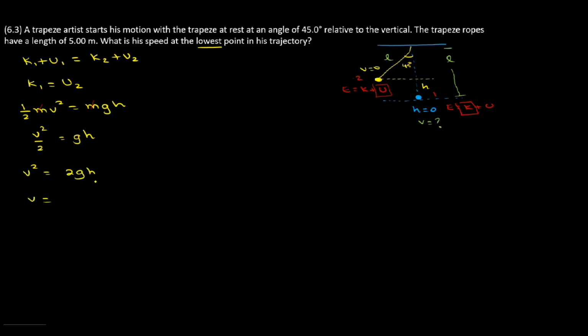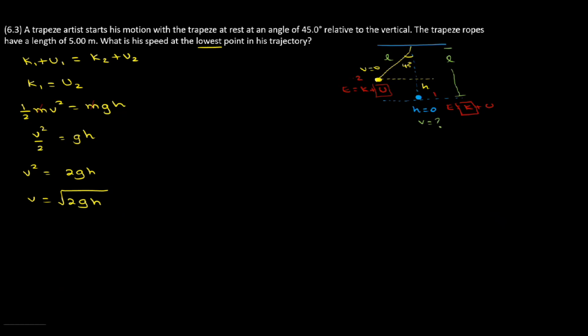And take the square root on both sides to get the final velocity, which will be root 2gh. This is how we calculate the velocity at point 1, the lowest point. g is a constant, but to calculate this velocity, I need to know the value of h.